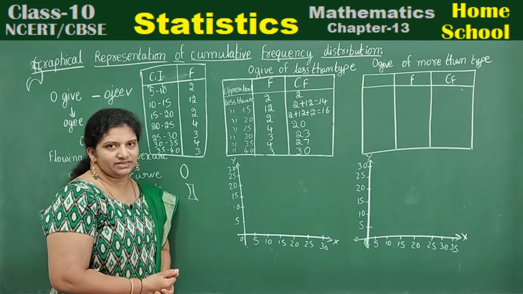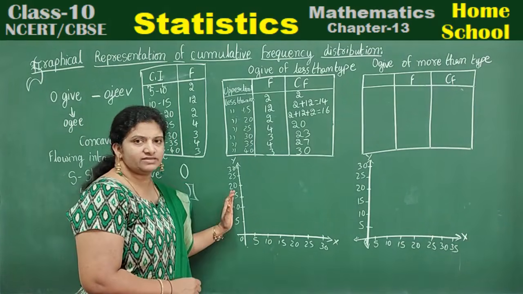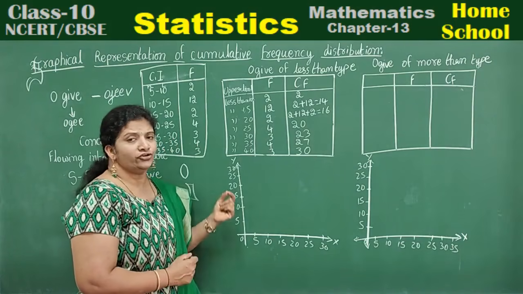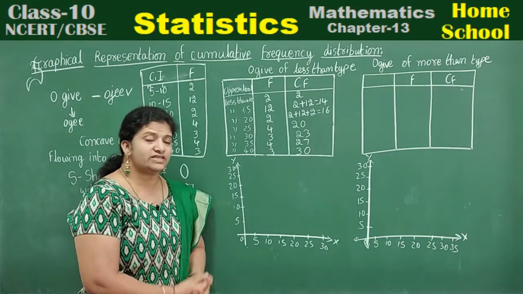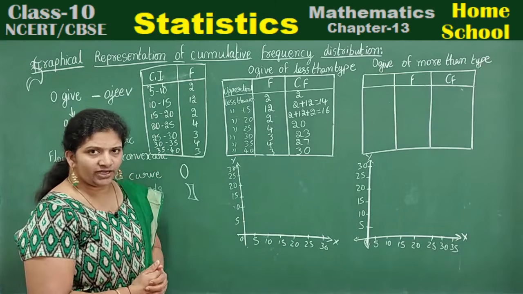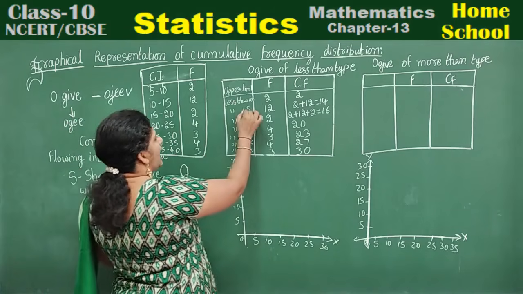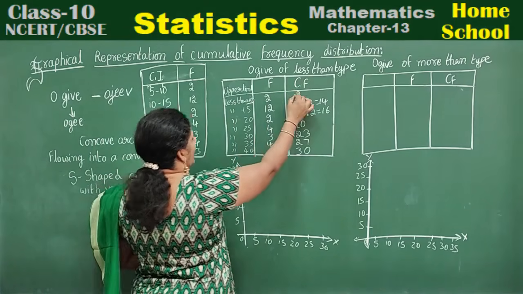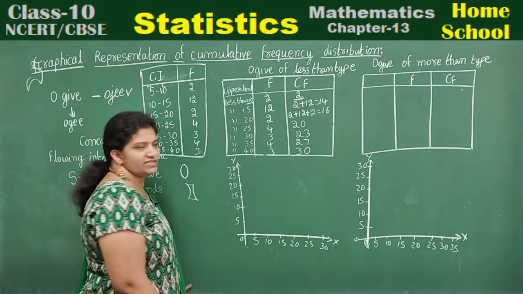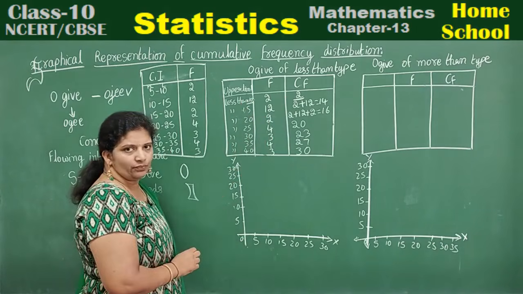Graphical representation. Horizontal axis is x-axis and vertical axis is y-axis. We need to draw the ogive here. Ogive is in which shape? S-shaped curve. Now, look here: upper limit and cumulative frequency. You need to consider it as a coordinate, 10, 2.